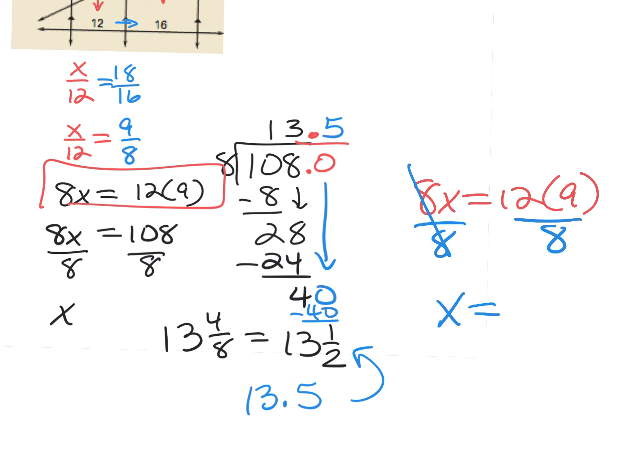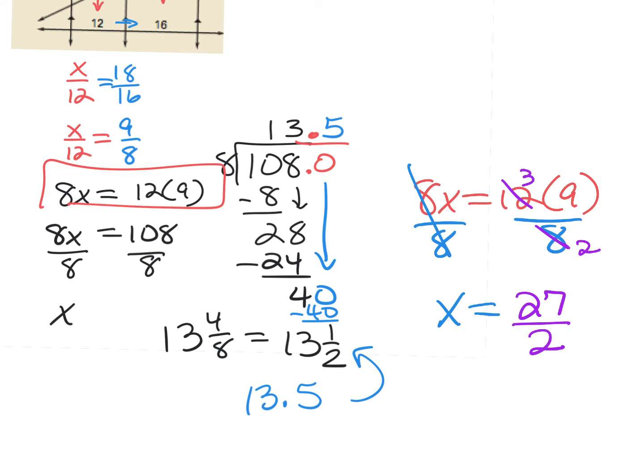Then I would look for something to simplify. And I could see that I could divide the 8 and the 12 both by 4, change this to a 2, this to a 3, and then I'm not multiplying 12 times 9. Instead, I'm doing 3 times 9, which is 27. I still have to divide, but it's a lot easier division problem.